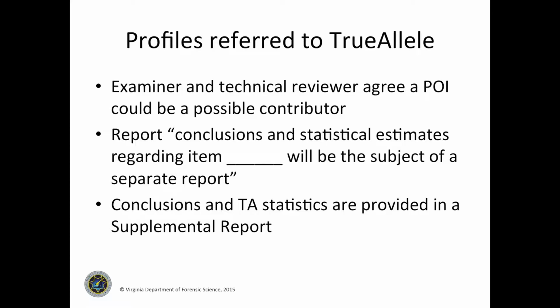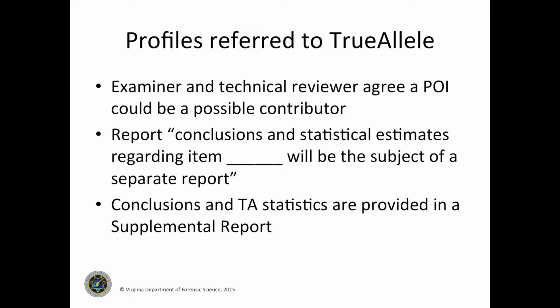DFS has chosen the route that we did not want to put out there a conclusion and not have the statistics in the same report. So rather than have the examiner say, so-and-so cannot be eliminated, the statistics will follow, we have now decided that the conclusion will be put out there by the TrueAllele examiner.